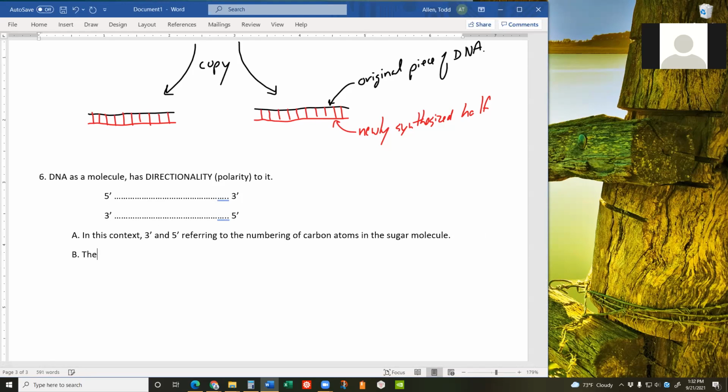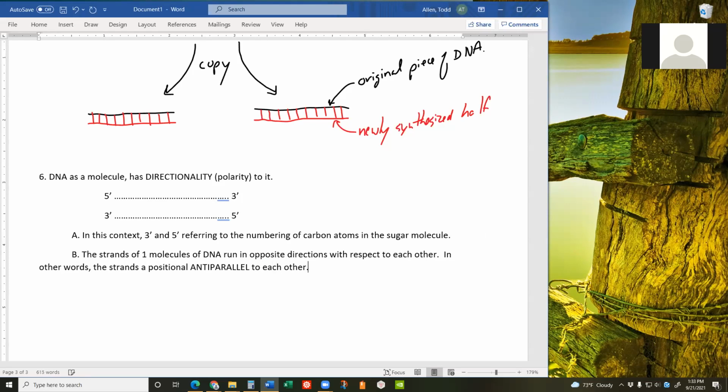The two strands of one molecule of DNA run in opposite directions with respect to each other. In other words, the strands are positioned anti-parallel to each other.